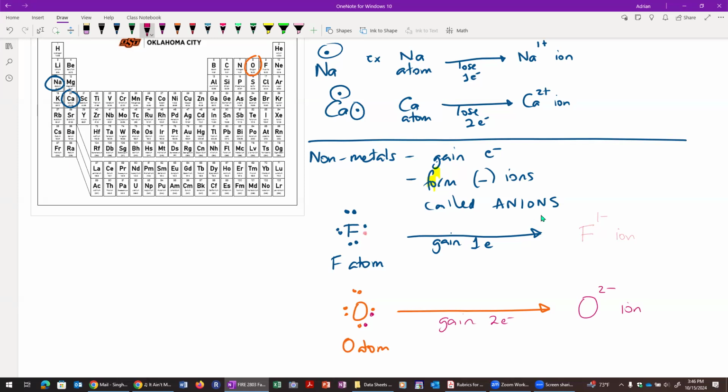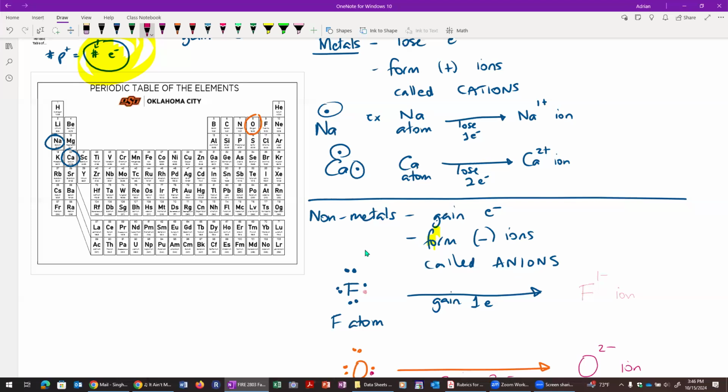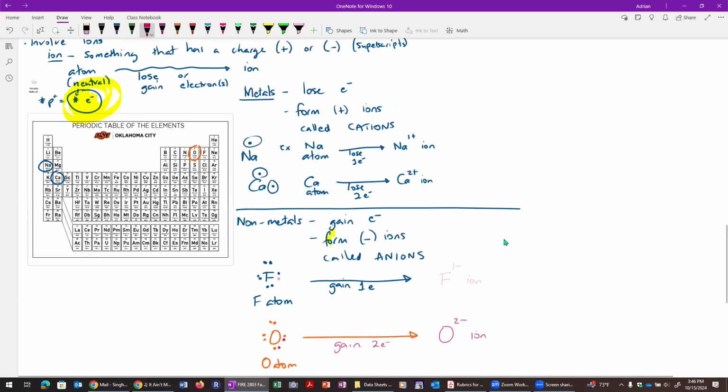By losing electrons, they form positive cations. Non-metals are going to want to gain electrons. By doing that, they form negative anions. And guess what can happen after? Well, once we form these positive and negative ions, as you probably know from experience, positive and negative attract each other.